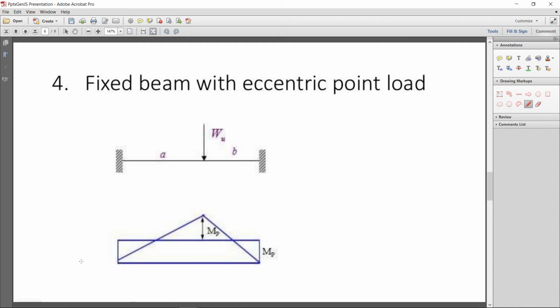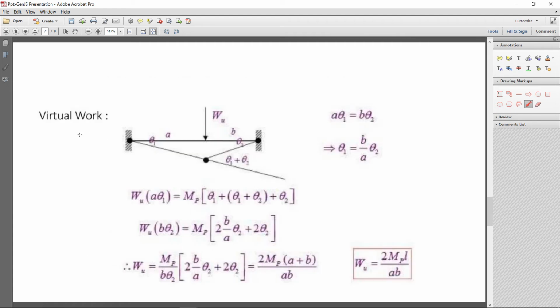First of all, hinges will form at the supports, then at the load point. Now here by virtual work, that is the failure mechanism, hinges will form at the supports, then at the load point. Now that is not symmetrical, so theta at this location will be different.